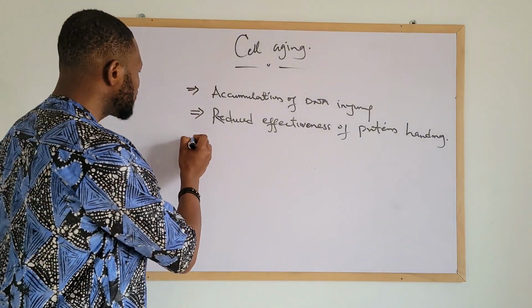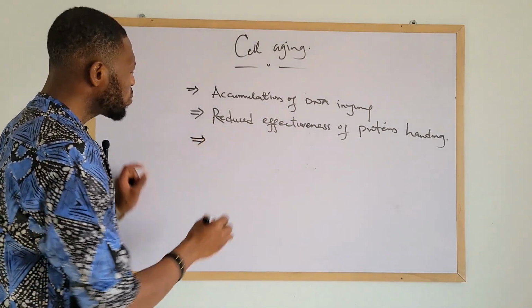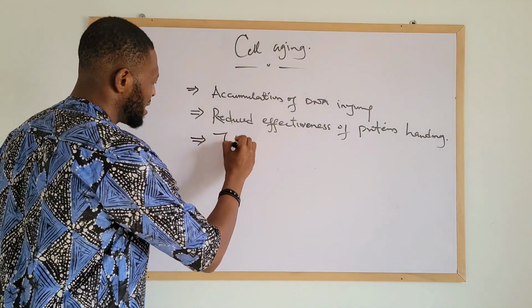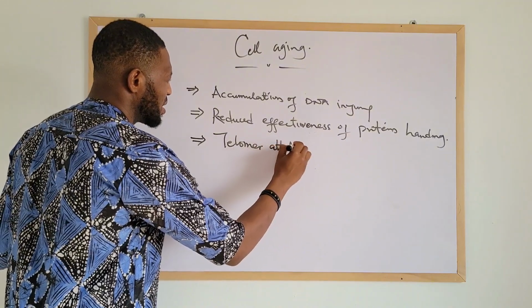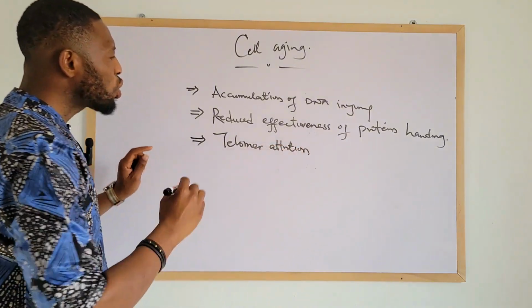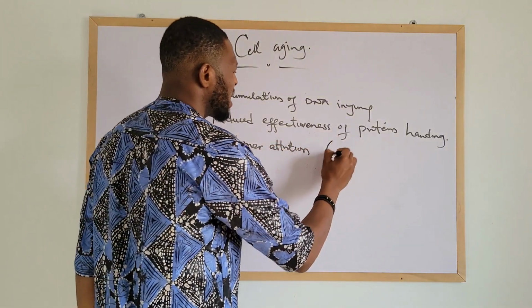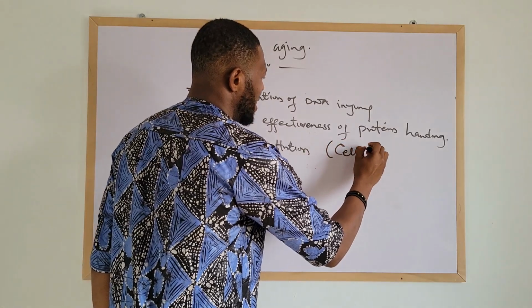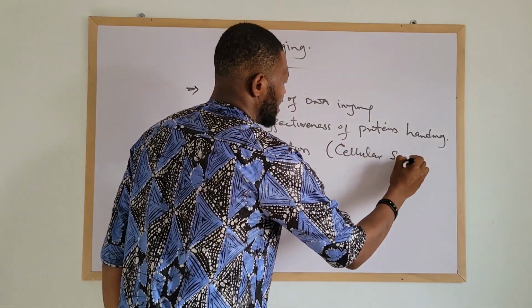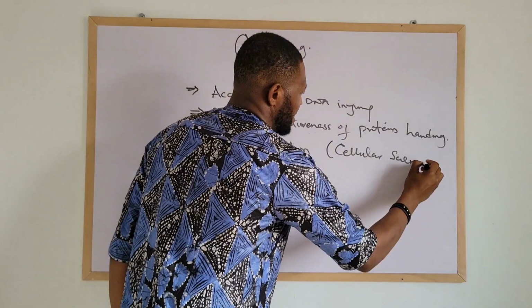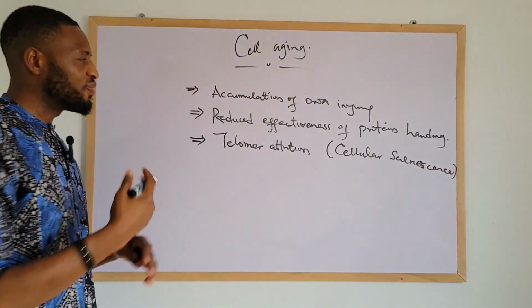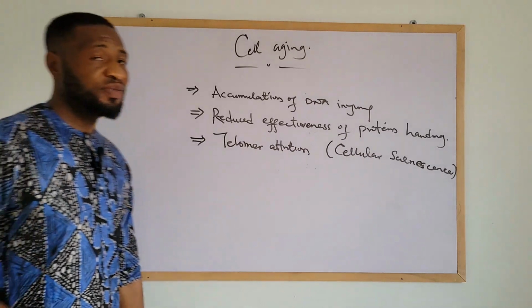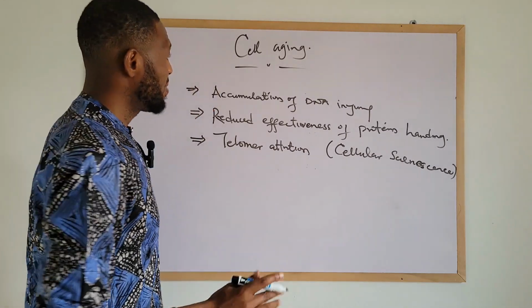Another reason for cell aging is what we call telomere attrition, which contributes to what we call cellular senescence. Now, as cells divide, cells actually have a limited replicative capacity.